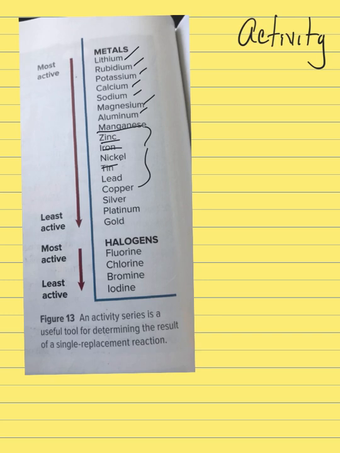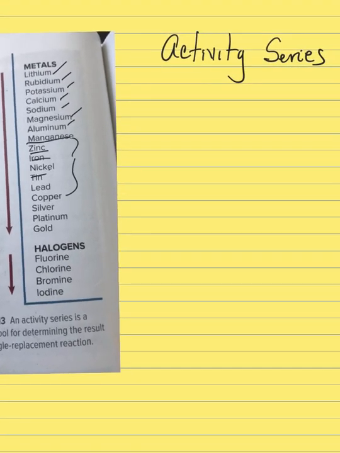Now, let's say that you have in your equation lithium reacting with rubidium phosphate. Are you going to be able to see a reaction? No. Why not? Because when you look at the activity series, lithium is more active. Well, I'm wrong.